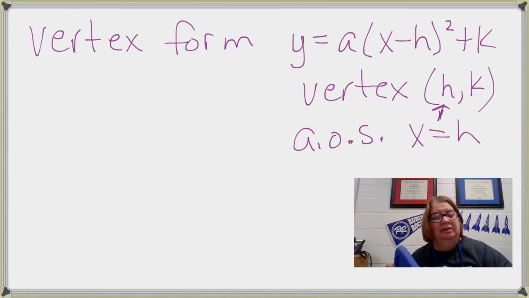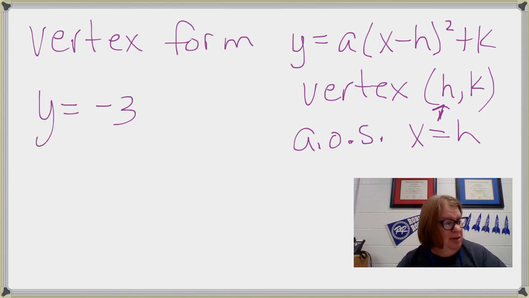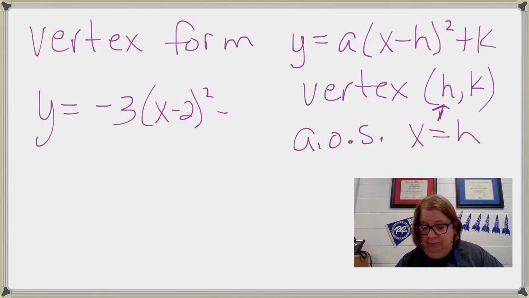It says to identify the vertex and the axis of symmetry. Number 6 says y equals -3 times x minus 2 squared minus 4. So first of all, it always helps to identify your letters.